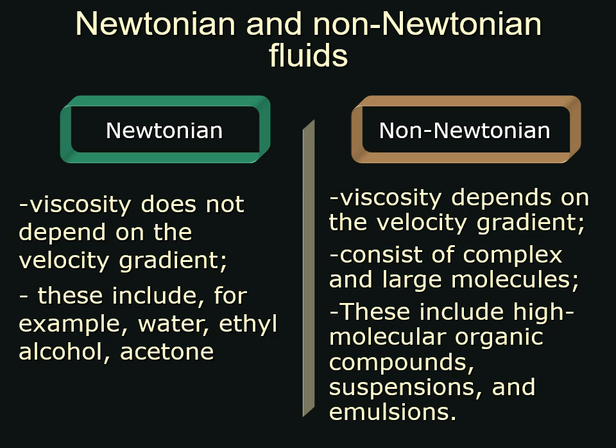Liquids whose viscosity also depends on the speed of movement, or more precisely, on the mode of movement, are referred to as non-Newtonian liquids. These are liquids that consist of complex and large molecules, for example, proteins, cells, polymer solutions.